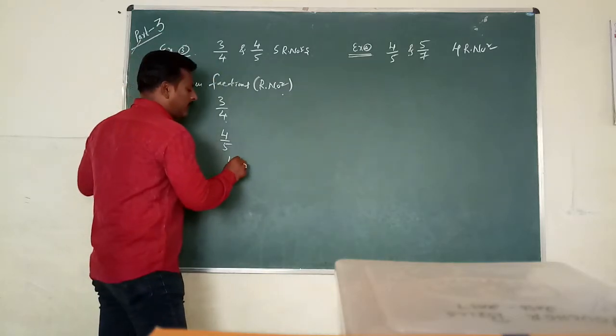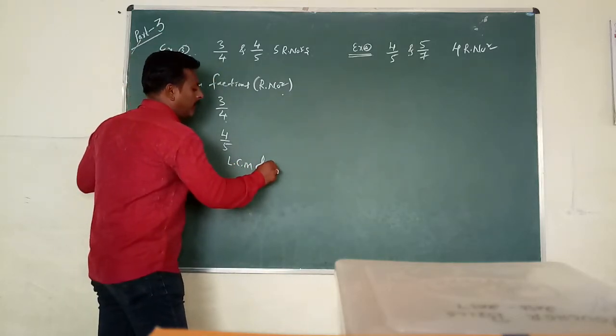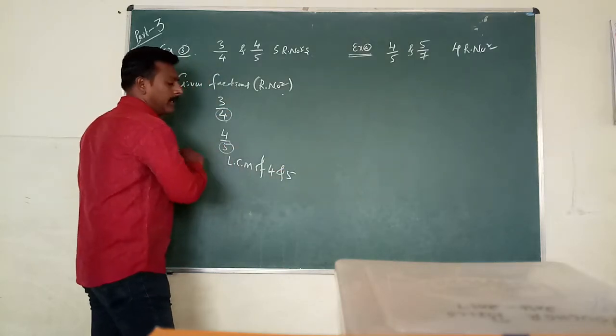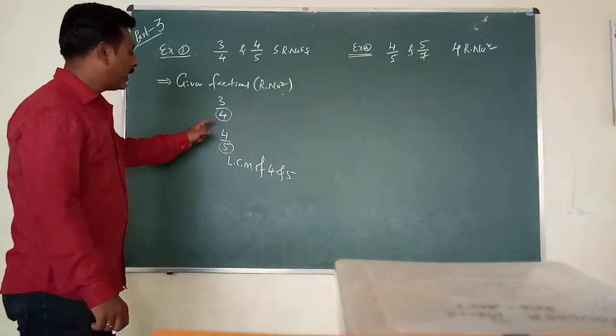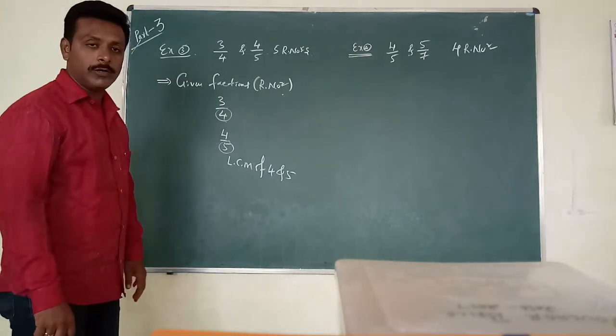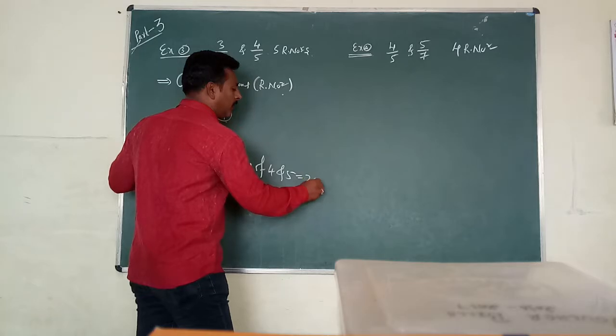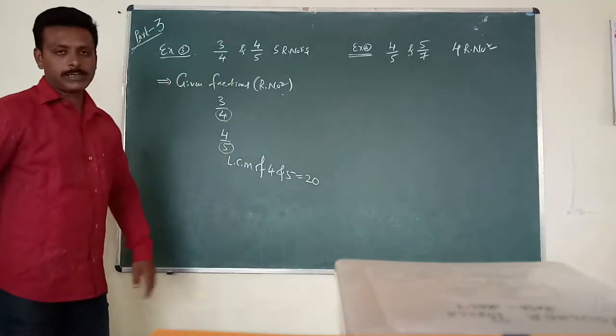So the LCM of 4 and 5 I am finding. The LCM of 4 and 5 is 20. Correct?